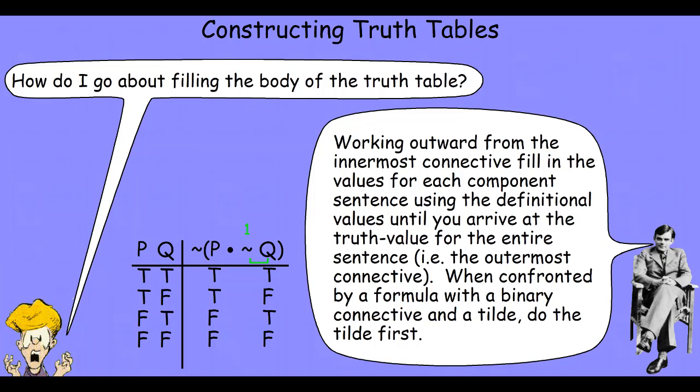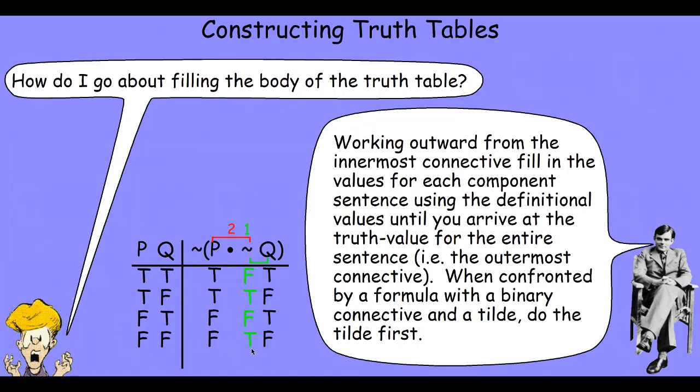So Q is true, false; Q is false, true; Q is true, false; and Q is false, true. Now we've got our truth value here for tilde Q. Tilde Q is one conjunct, P is the other, so now we're going to evaluate our dot. So our dot then, that connects P and tilde Q.